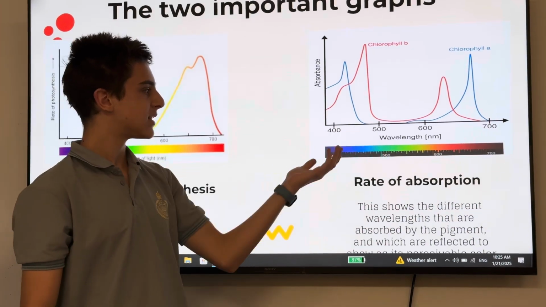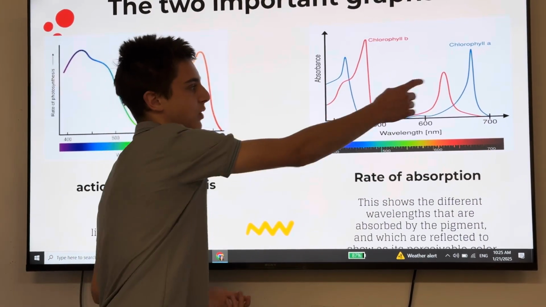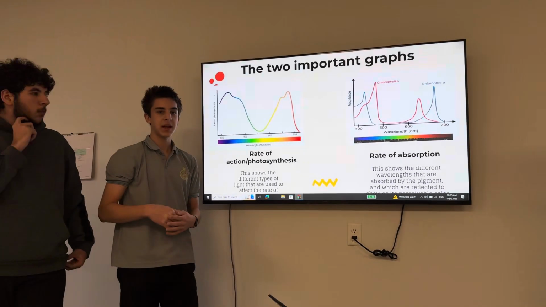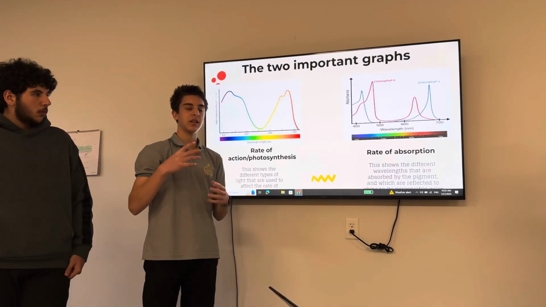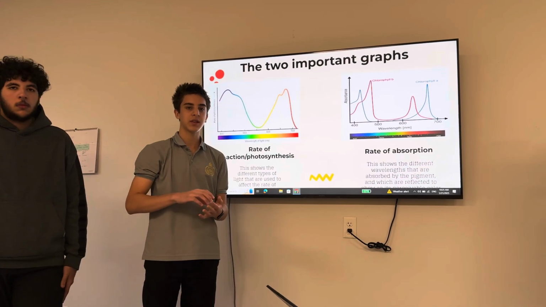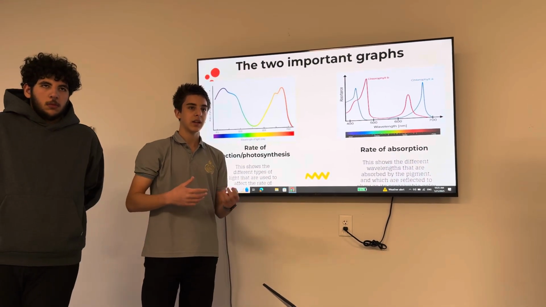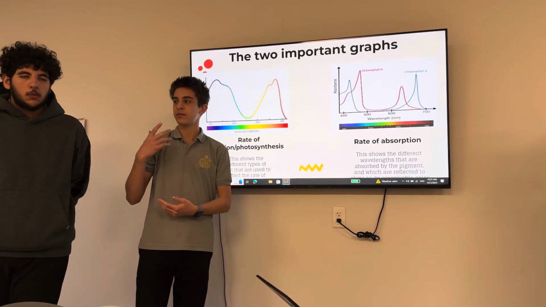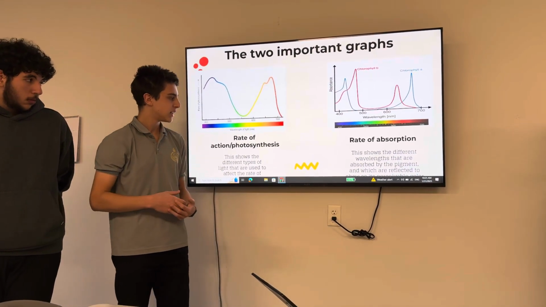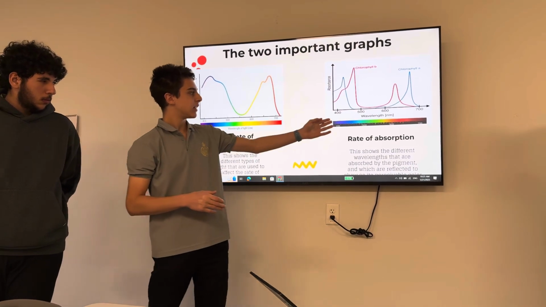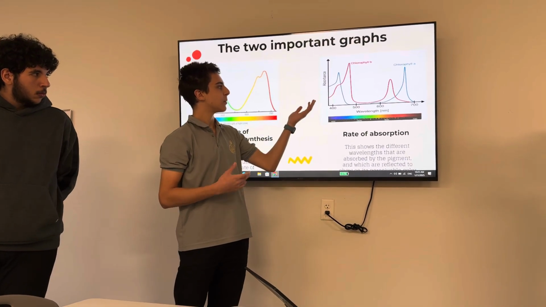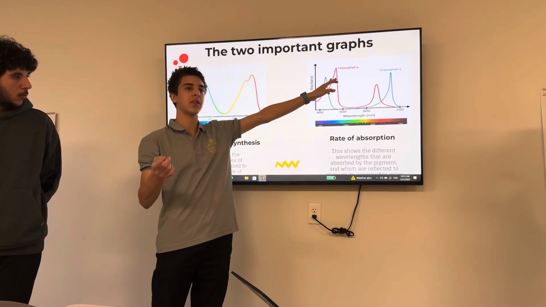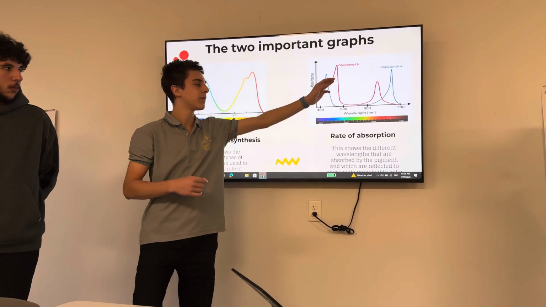What I'm trying to get at is that different pigments will absorb and reflect different wavelengths of light at different rates, and they'll appear to be different colors, which means they will use certain wavelengths of light better than others, if you know what I mean.